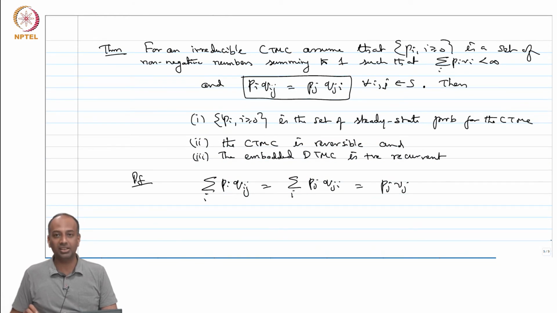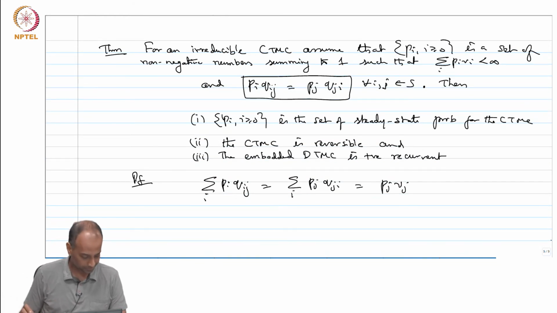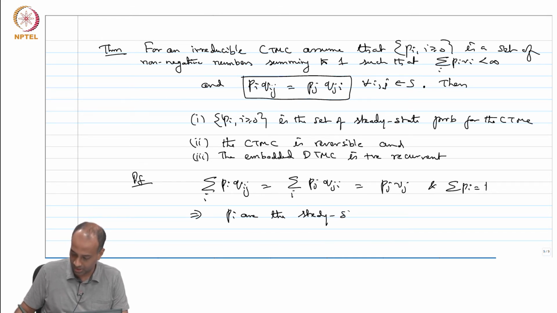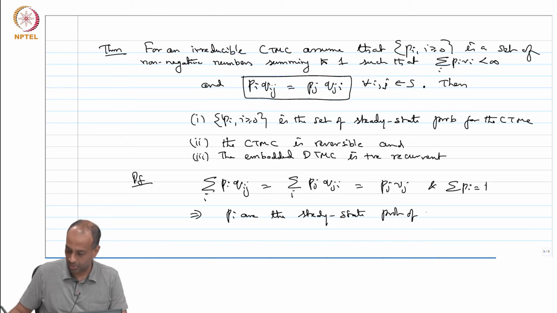Now, these are in fact the balance equations that the P_i satisfy, and of course, the sum over P_i equals 1, which you already know. So, this implies the P_i's are all positive and are in fact the unique steady state probabilities of the CTMC, which we already saw.